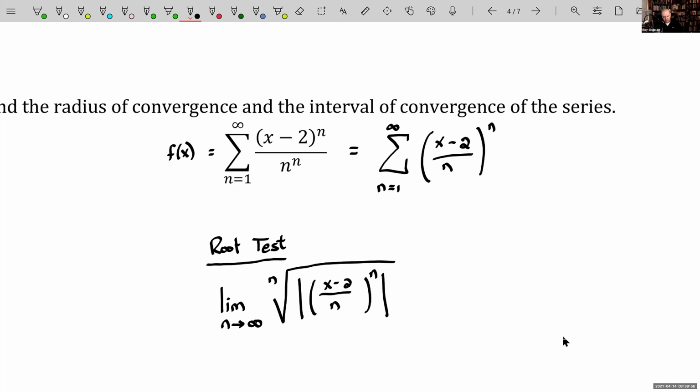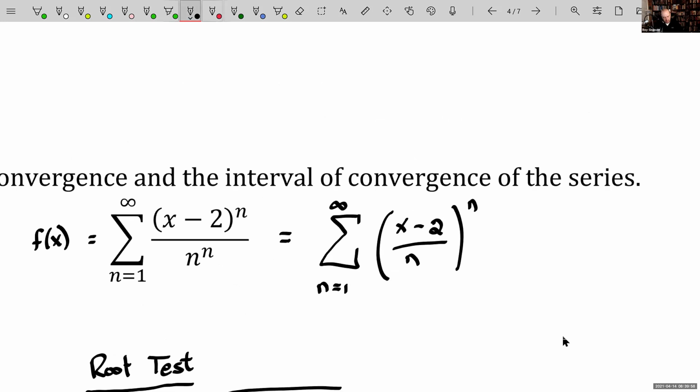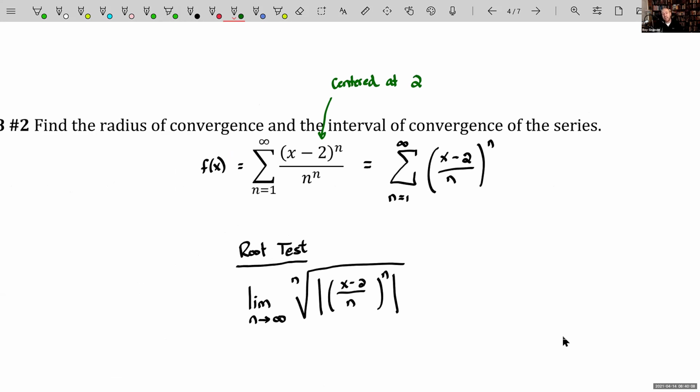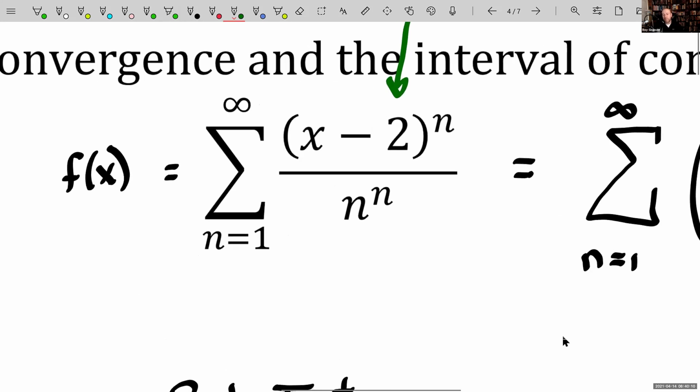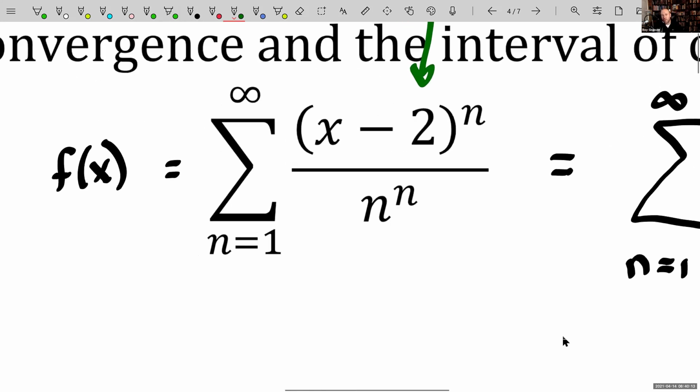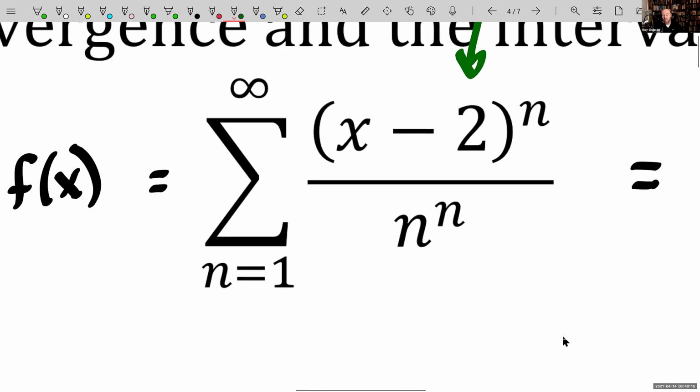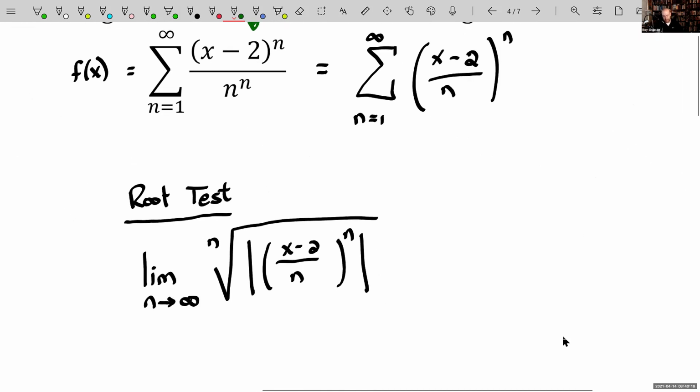Oh, and I should also mention here that this series is centered at 2. Basically, the easiest way to find the center for a series is to ask, what would cause that to turn into 0? 2 would cause that to turn into 0. So there you go.